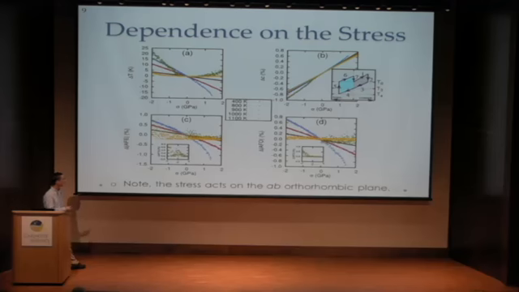If we look at figures C and D, below the Curie point, given by the blue, red, and black curves, as we saw in the slides before, the order parameters are weakened under tensile stress, and we see that here. And they're enhanced under compressive stress.